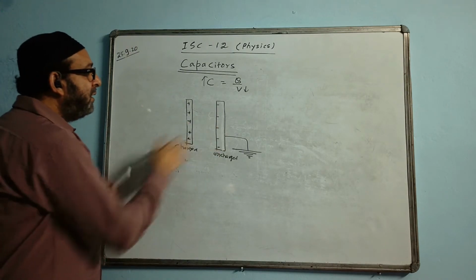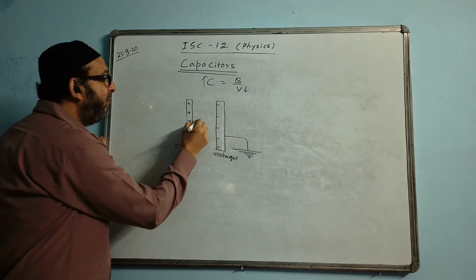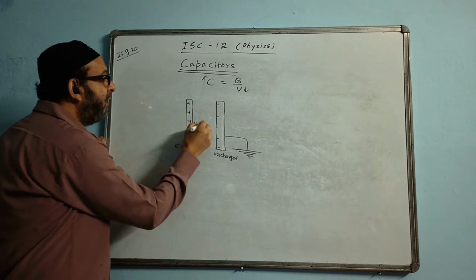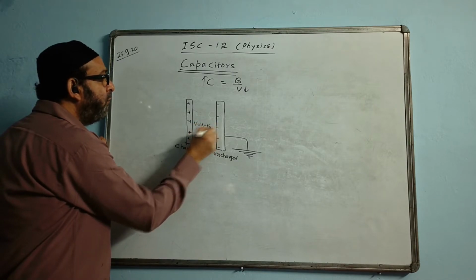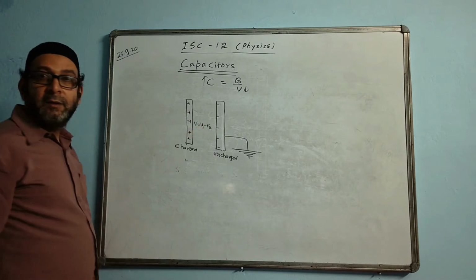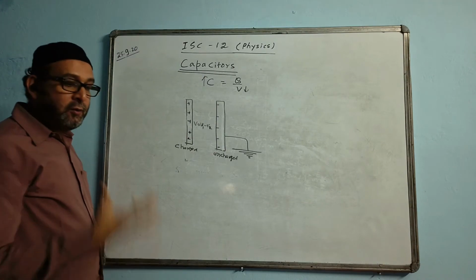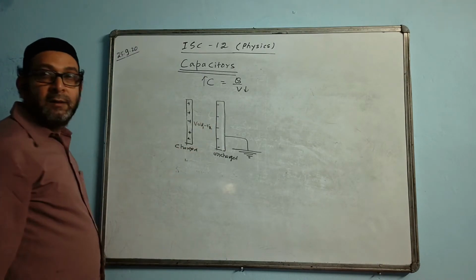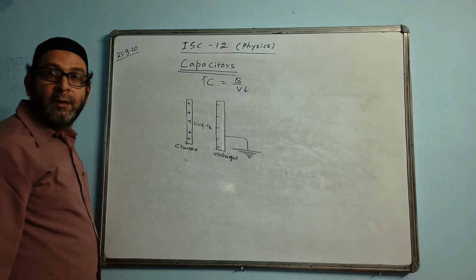So in this system, the potential will be minimum, because potential means total V. The V will be equal to, this is positive, so write V1. This is negative, so write minus V2. Negative potential V2. V1 minus V2, the subtraction will take place. So the value of V will become low. When the value of total potential becomes less, then capacitance becomes more.